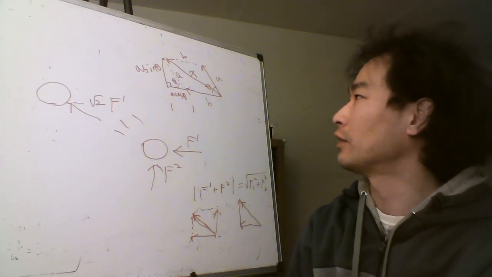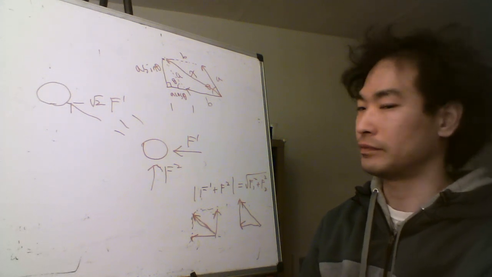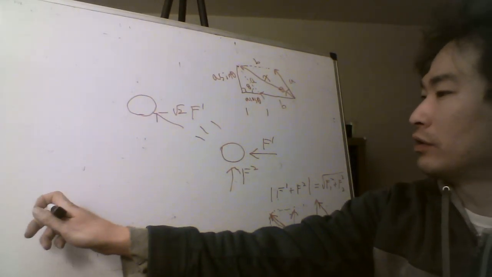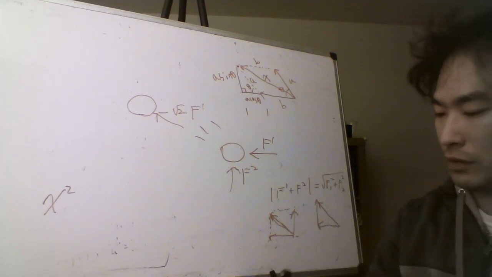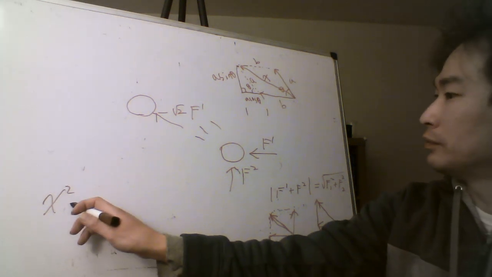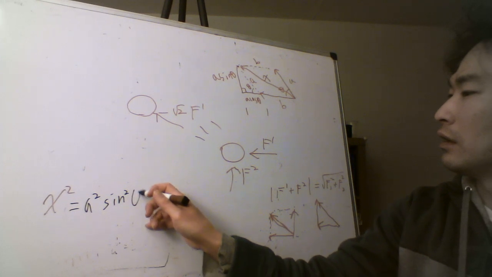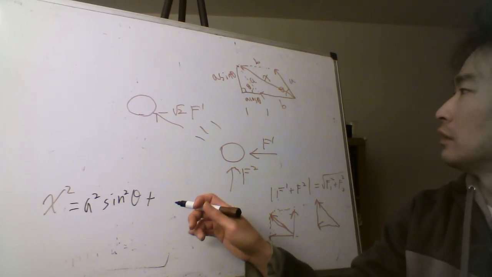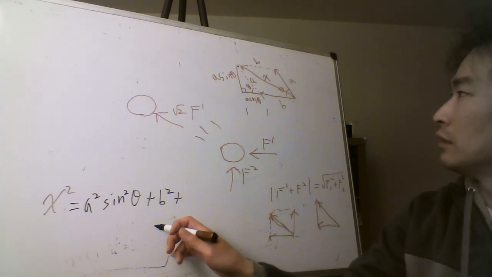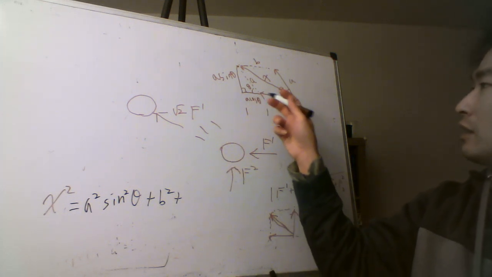Right side, right. Okay. All right, so let's do a Pythagorean theorem, okay? X squared is equal to A squared sine squared theta plus B plus A cosine theta squared, okay?